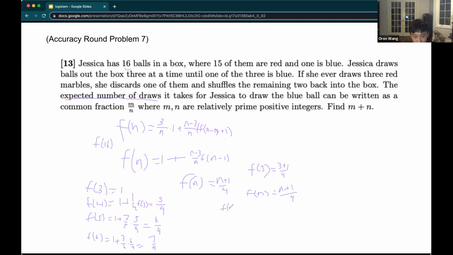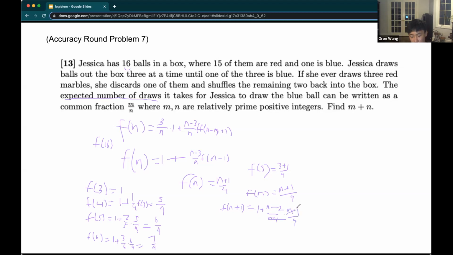We want to show this is the same for f of n plus 1. And from our formula, we get this equals 1 plus n minus 2 over n plus 1 times f of n. But then we know what f of n is. So we can replace that by n plus 1 over 4.